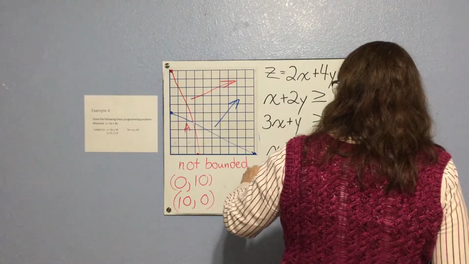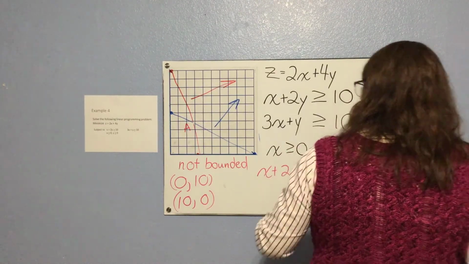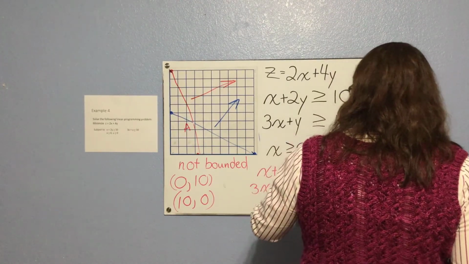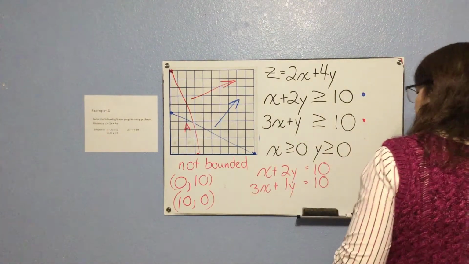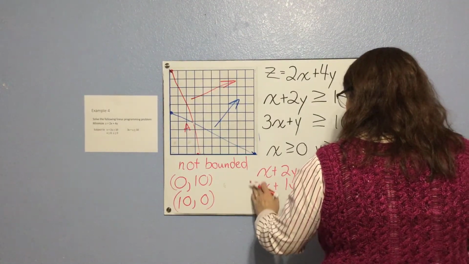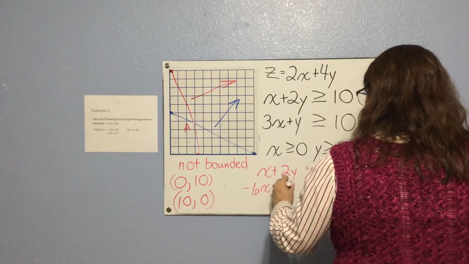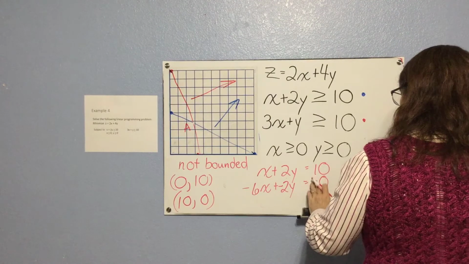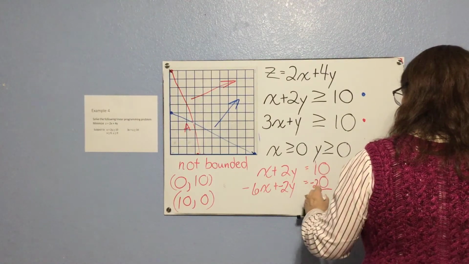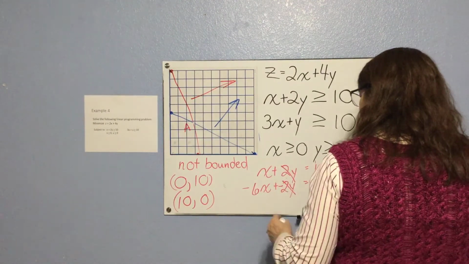So I can just write it. I have x plus 2y equals 10. And 3x plus 1y also equals 10. I'm going to multiply the second equation by -2. So 3 becomes -6. 1 becomes -2. And 10 becomes -20. So when I add this, I'm going to have -10. The y's will cancel out.